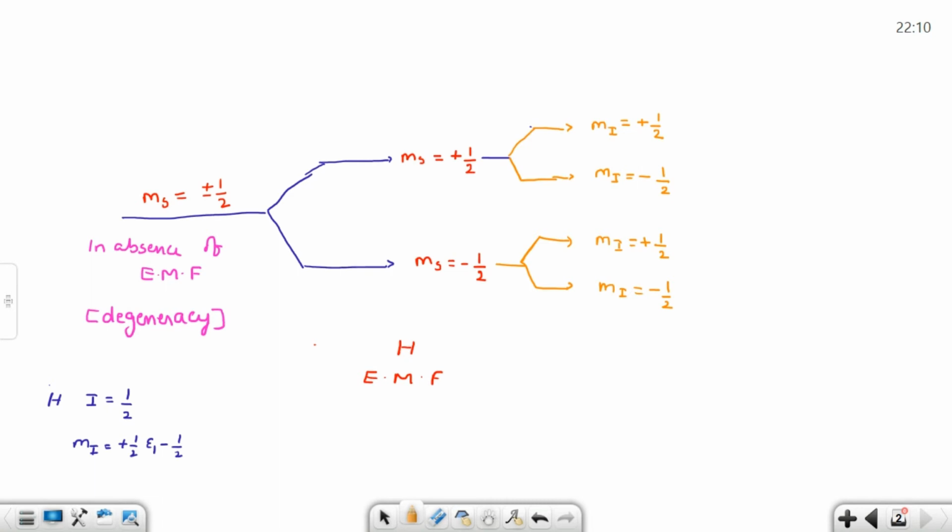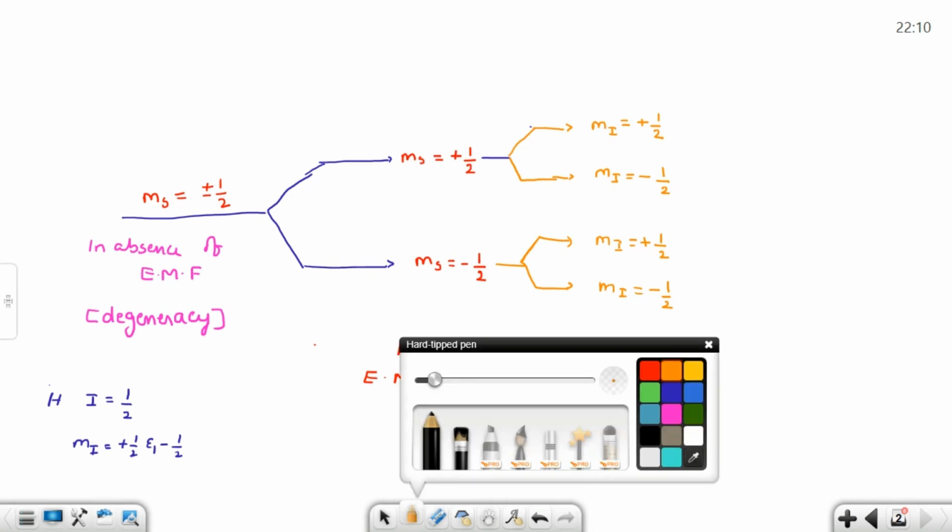This is the energy diagram observed for hydrogen radical.